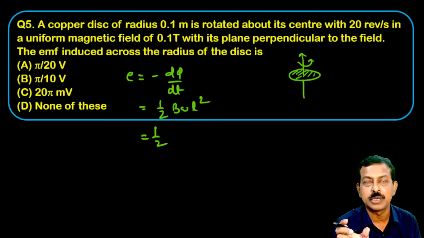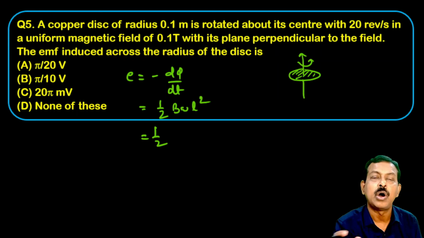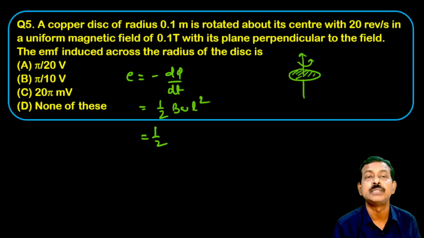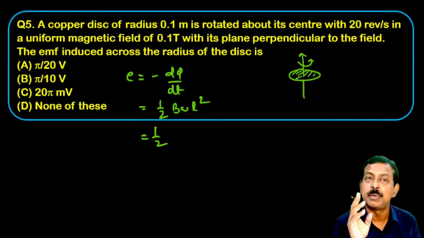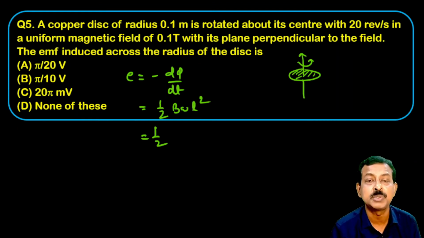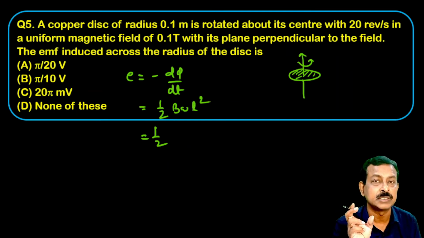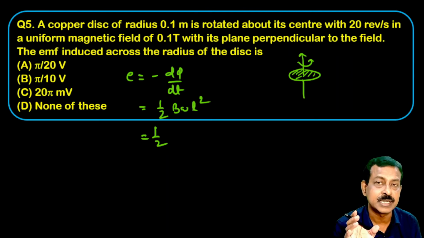So this is for the EMF developed across the radius of the disc, or across a conductor of length L which is rotated about an axis passing through one of its ends and perpendicular to its length. It is the same expression for the EMF when it is taken between the point on its axis, that is at the center, and any point on its circumference.